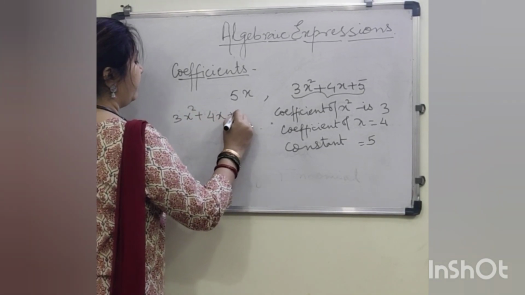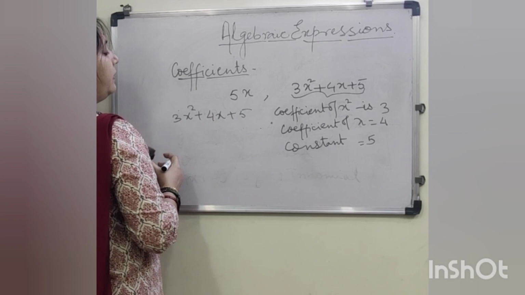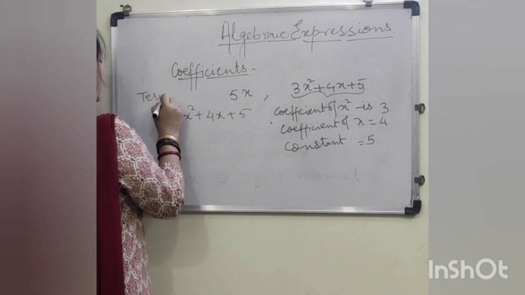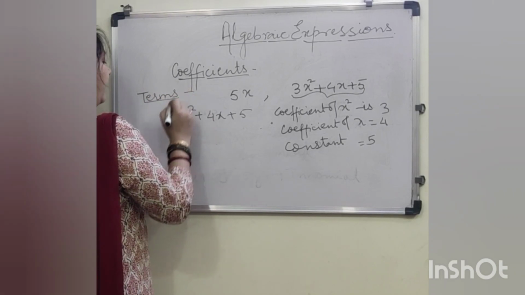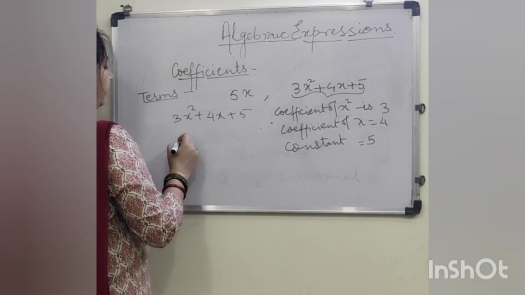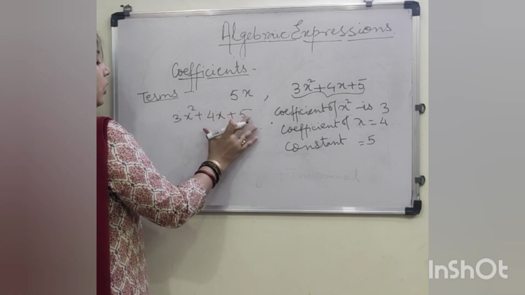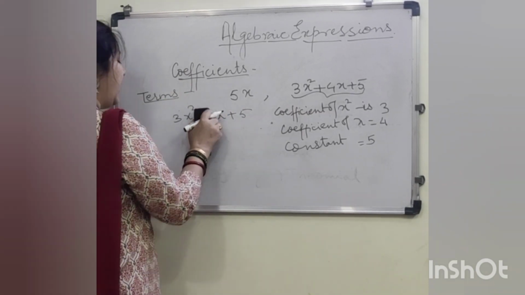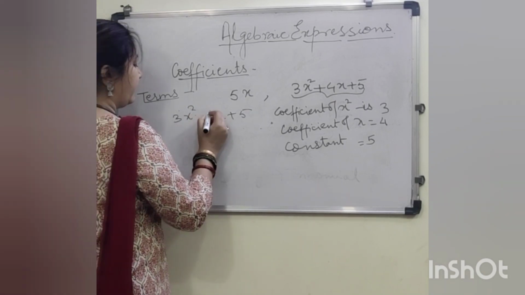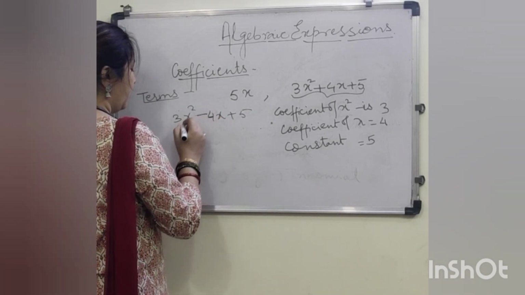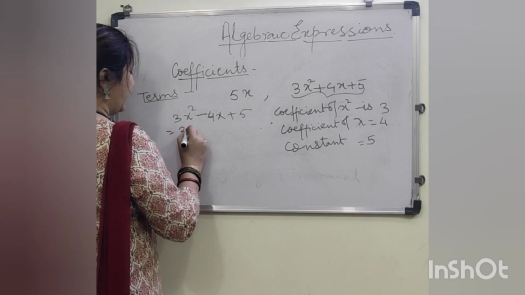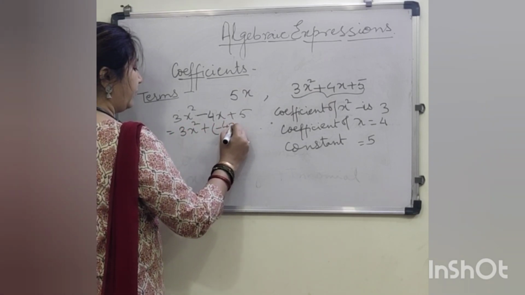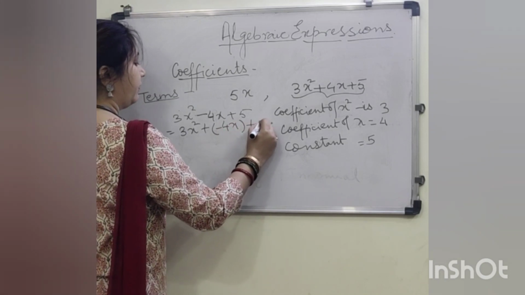Children, if you take this expression 3x square 4x plus 5 and we want to write terms, how to write terms? What you do usually? If all are positive, first of all, maybe in case this 4x is minus 4x, what you do? You write it with plus, minus 4x plus 5.